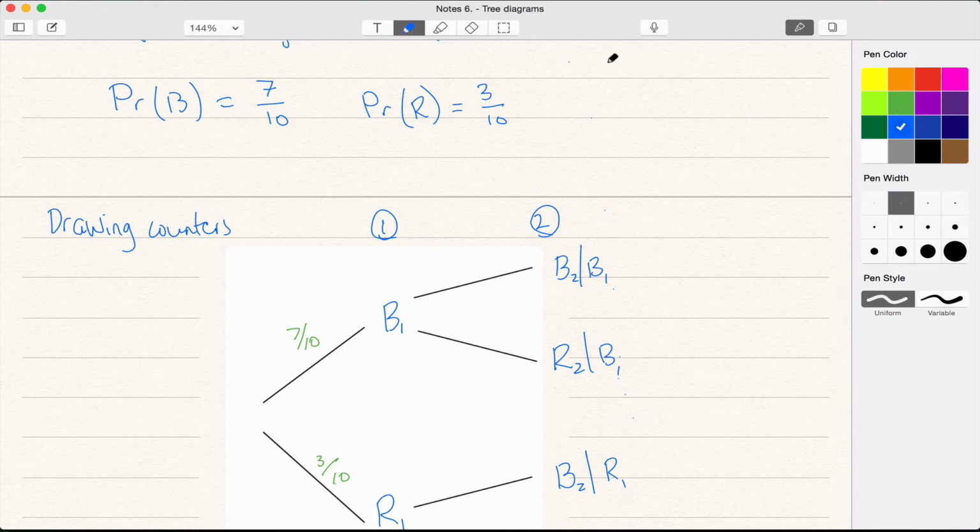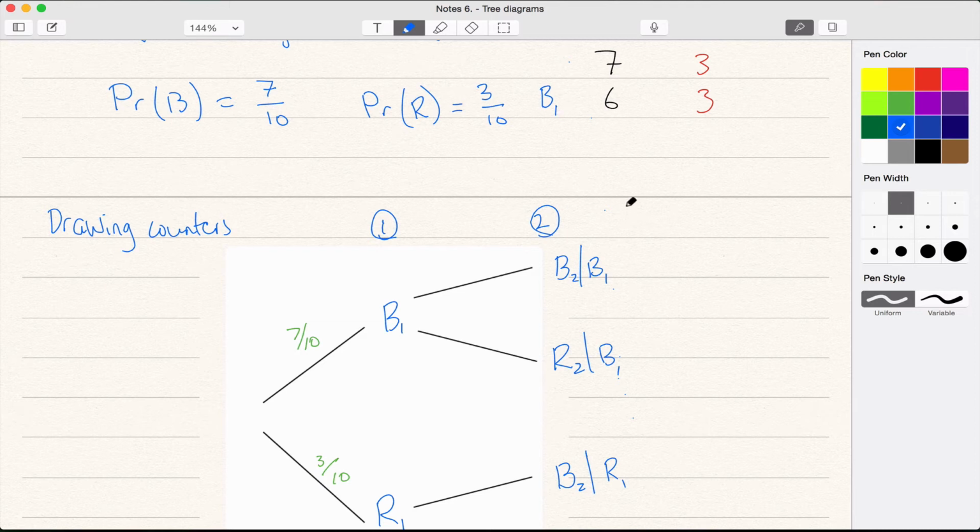Because we had 7 black and 3 red, if we select 1 black, then we end up with 6 black left over and still all 3 reds are left.